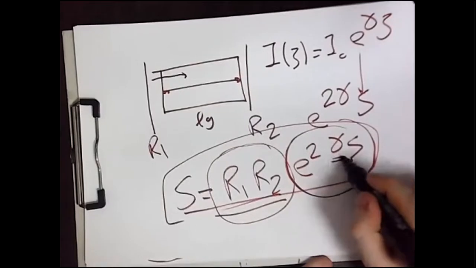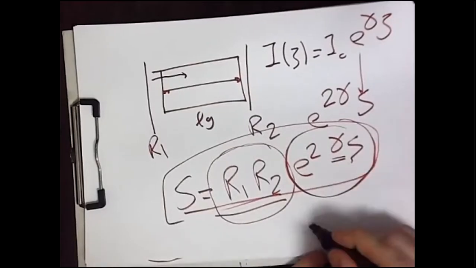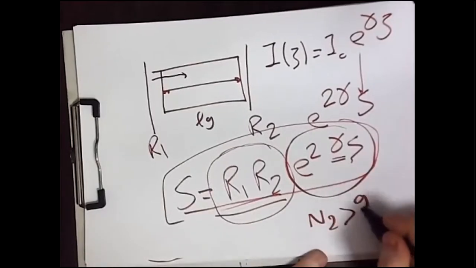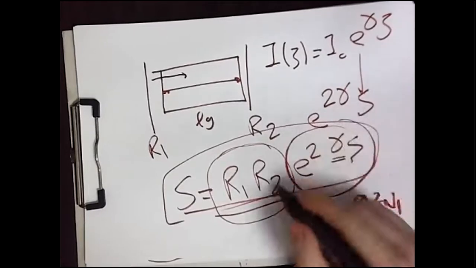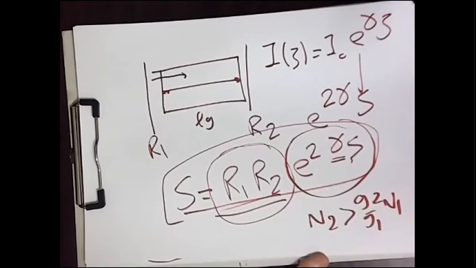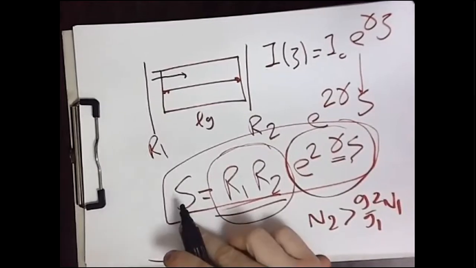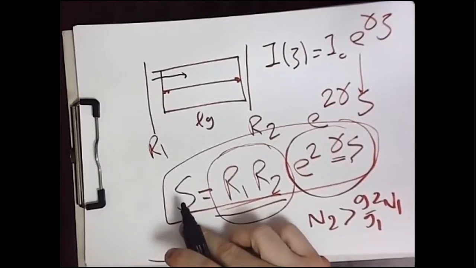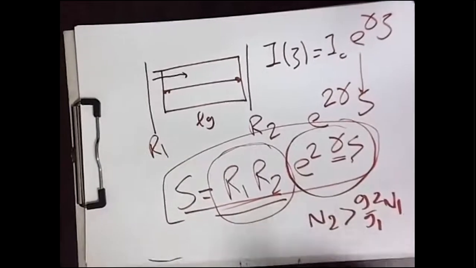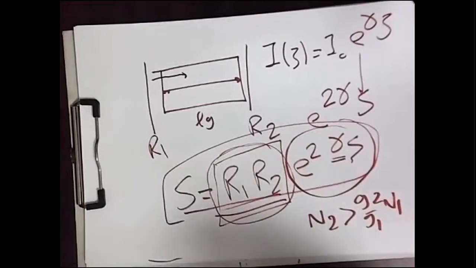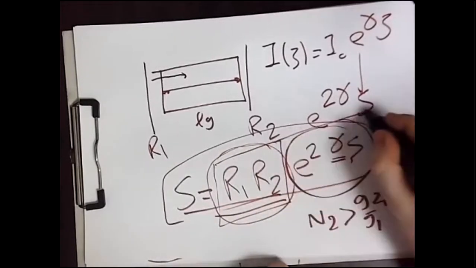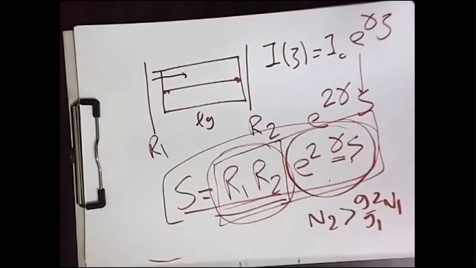If this gamma satisfies the condition that N2 is greater than G2 over G1 times N1, then this gamma is positive, and then this is a gain factor. So this S can accept both conditions. It may be smaller than 1 if the losses dominate, and it can also be greater than 1 if the gain dominates.